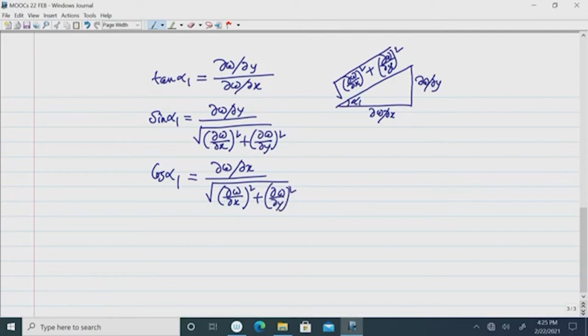So, this is what we obtained for sin alpha 1 and cos alpha 1. Now, let us put in this expression.